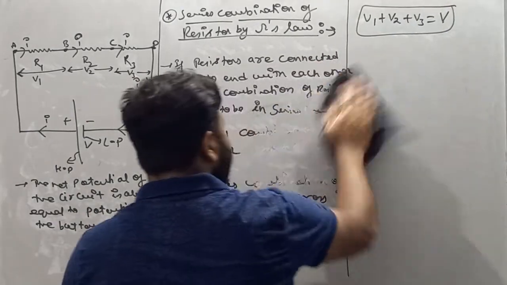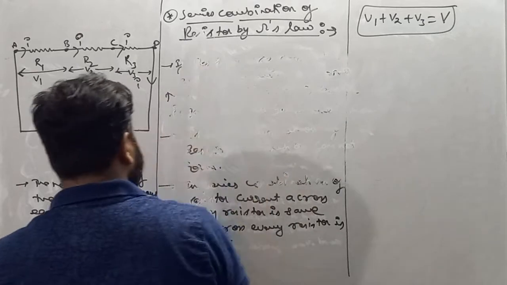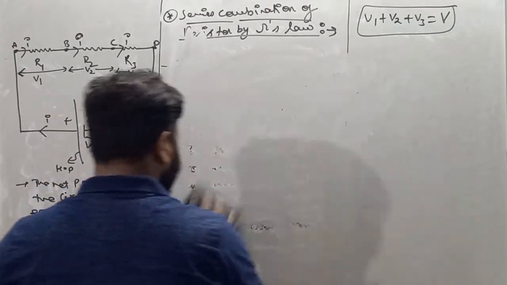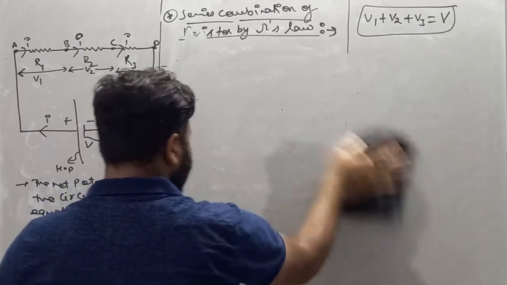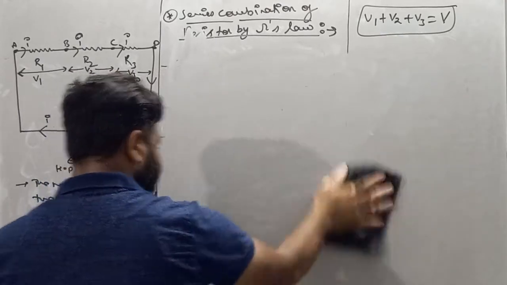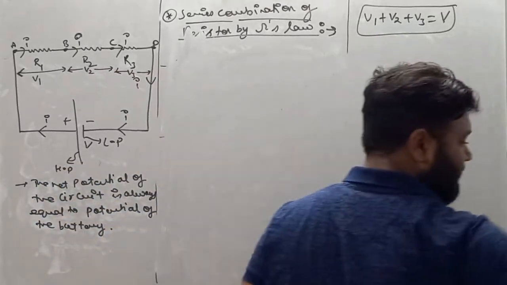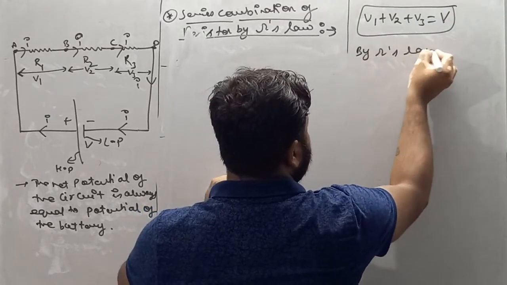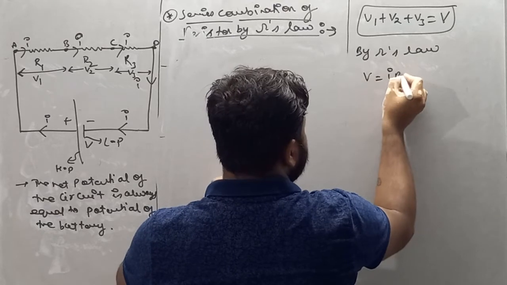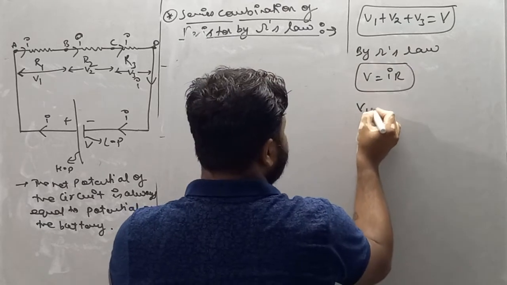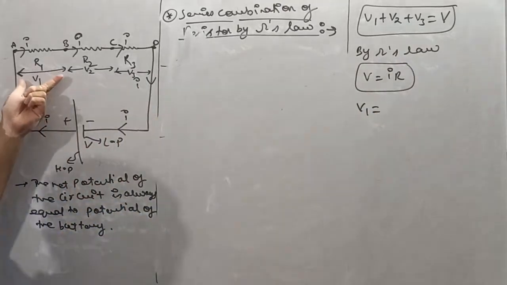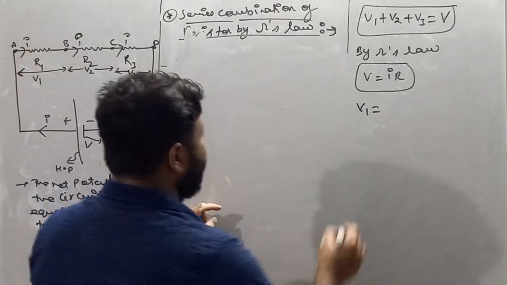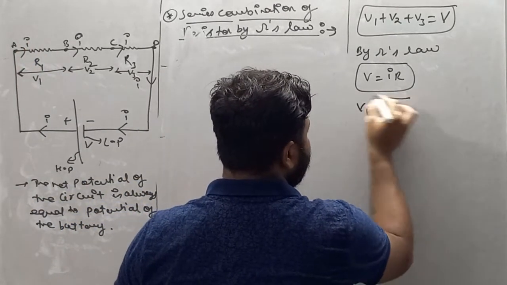Moving forward, now I'll apply Ohm's law and find the values of V1, V2 and V3. Then we'll put them in this formula. So check it out. By Ohm's law, V is equal to IR. So V1 means potential across R1, resistance is R1, current is I, so V1 is IR1.